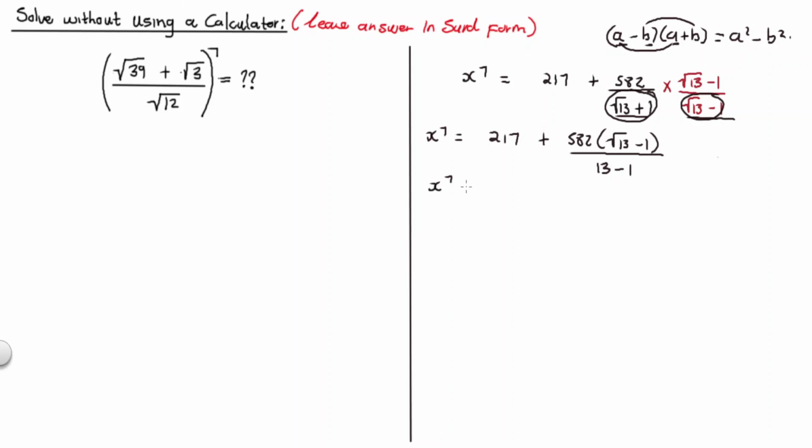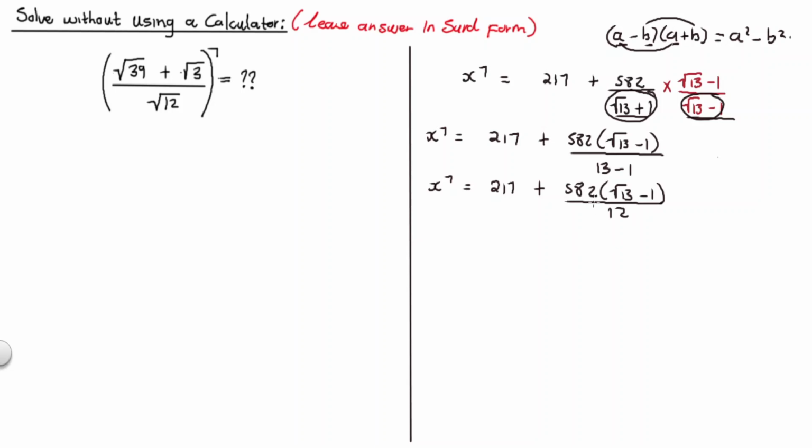Then x raised to exponent 7 is equal to 217 plus 582 times square root 13 minus 1, divided by 12.